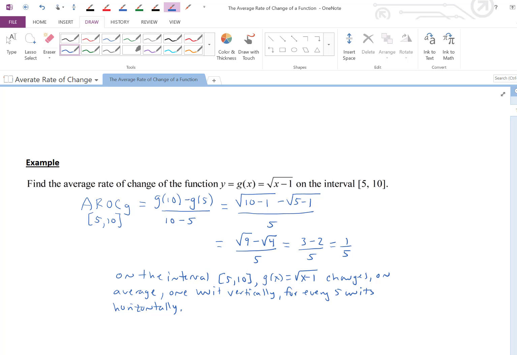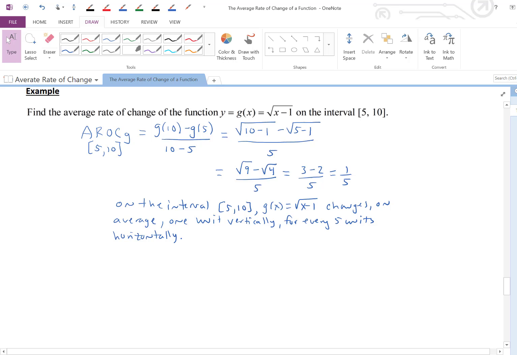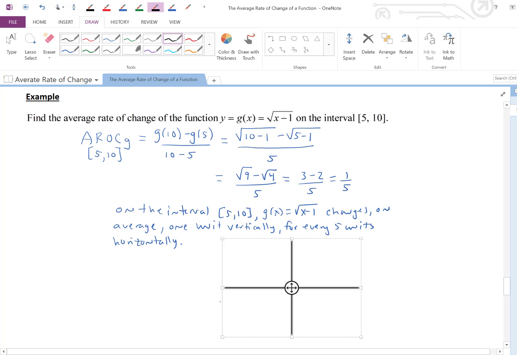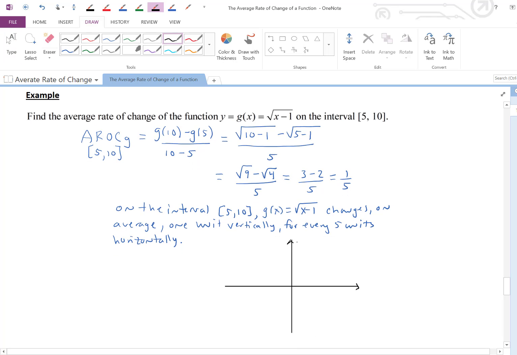on average over this interval. And just to get a better idea, to make sure we understand graphically what's happening, we draw a rough sketch of this situation here. So the graph of the square root of x minus 1 looks something like that. There's our graph. And then you go to the points, 5 and 10. Maybe there's 5 and there's 10.